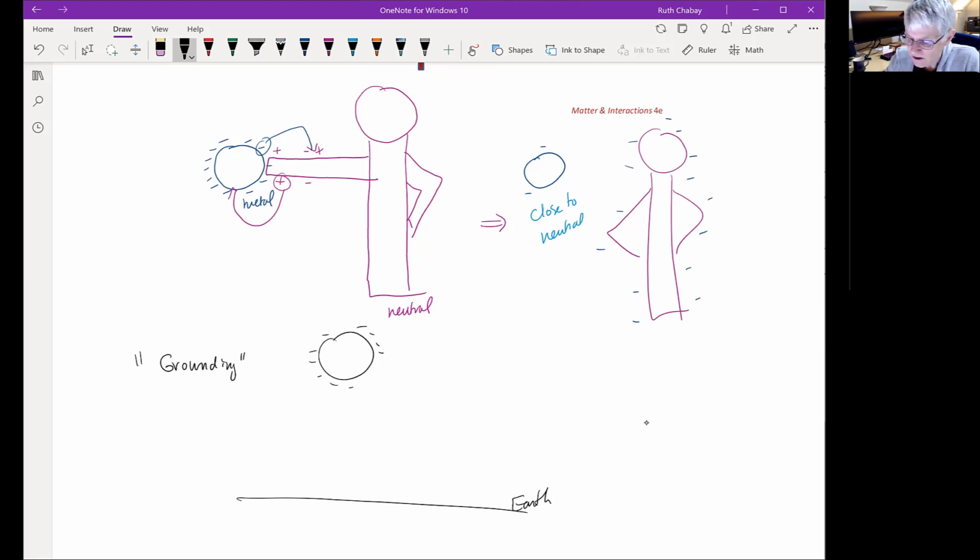The earth has a big surface area, and it's got lots of ions and water in the soil, so it's not a bad conductor. If we make a wire, say a metal wire, go down into the earth, this thing is grounded and charge will flow off the object and down into the earth.